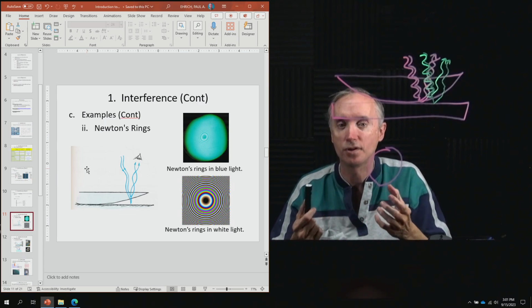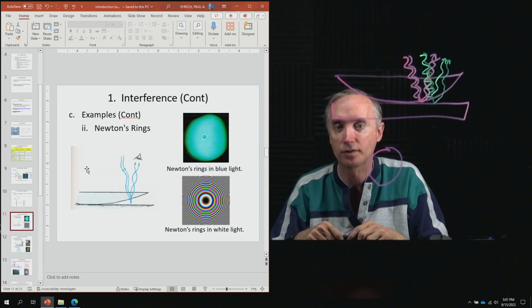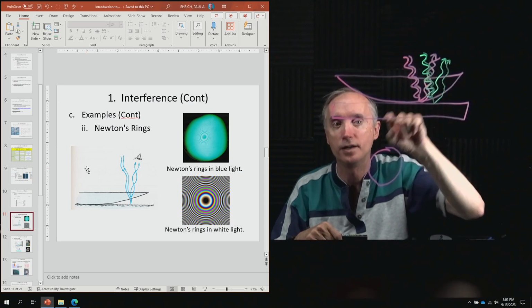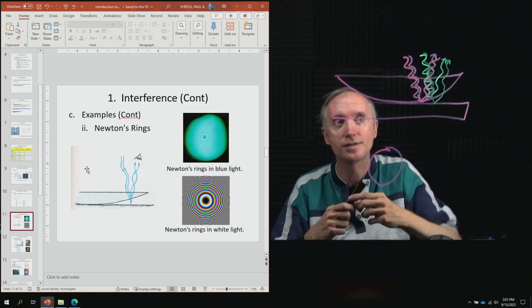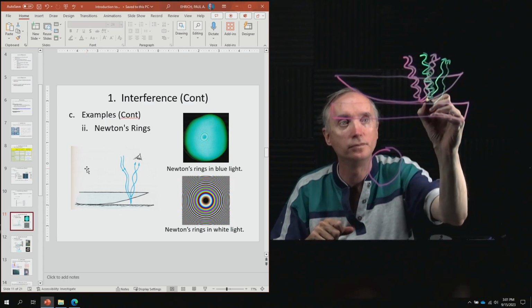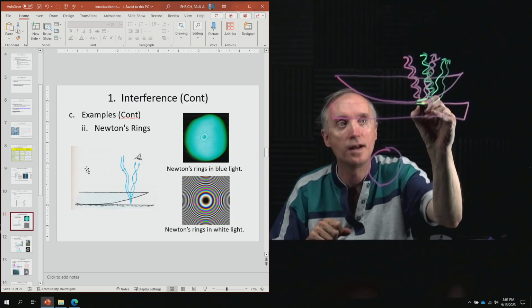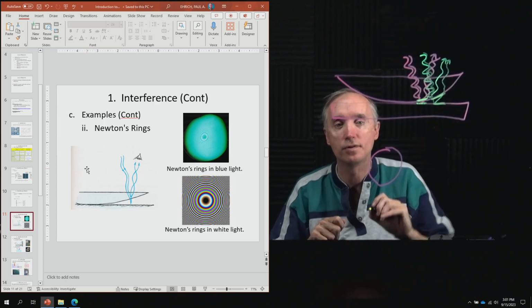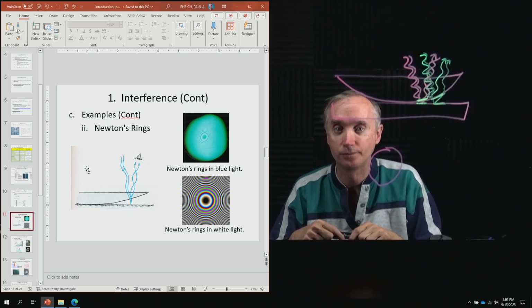So what's determining where it's going to be constructive and destructive? Well, it's going to depend on the wavelength of the color of light that you're using. It's also going to depend on the distance between, okay, so the distance between the glass and the glass right there versus the distance between the glass and the glass right there. You see there's a different distance that the light is traveling.